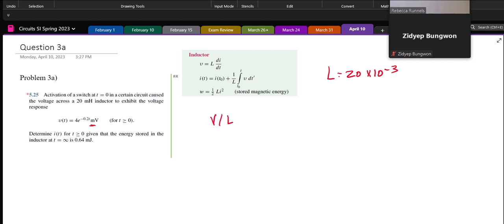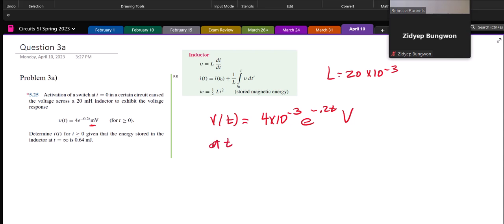So v of t really equals 4 times 10 to the negative third e to the minus 0.2t volts for t greater than or equal to 0. Determine i of t for t greater than or equal to 0, given that the energy stored in the inductor at t equals infinity is 0.64 millijoules.